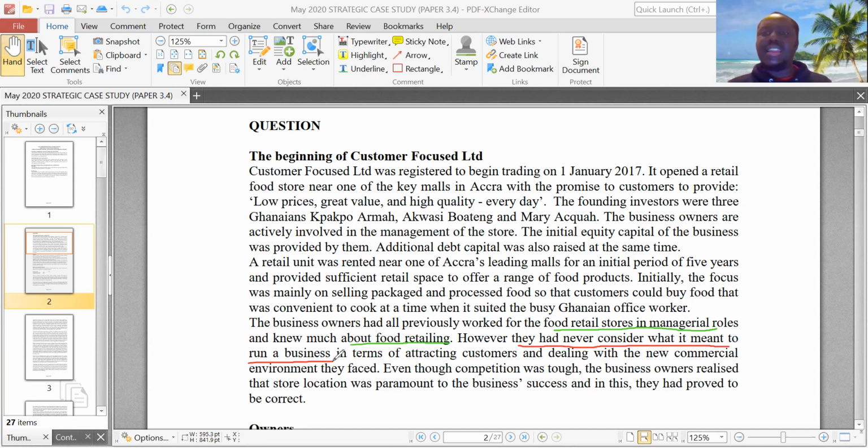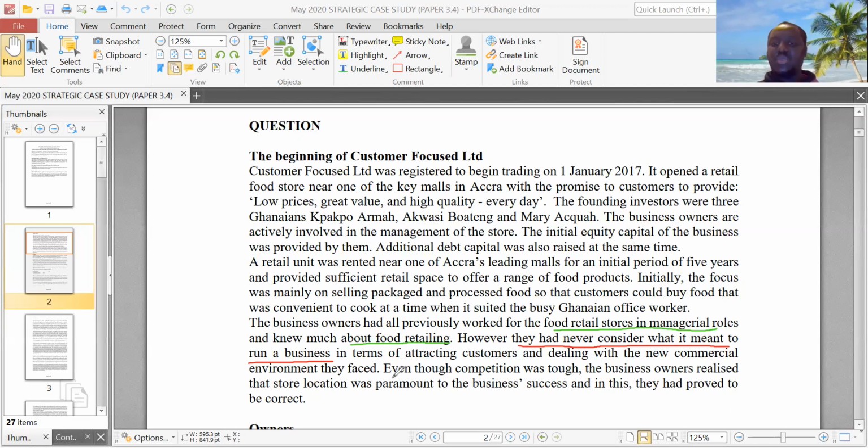They do not know exactly what it takes to run a business in terms of attracting customers and dealing with the new environment they face. So that's something to keep at the back of your mind. Even though these people are skillful because they've had managerial experience in the food retail space, this is their first time venturing into owning something, and so there are a lot of hurdles. You need a different mindset when it comes to owning and running a business.